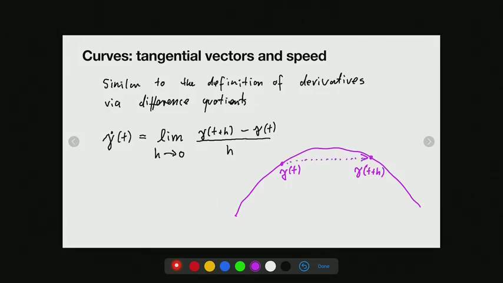If we let h go to 0, and if we take this difference and divide this vector by h, then eventually we get the tangent vector at gamma t.